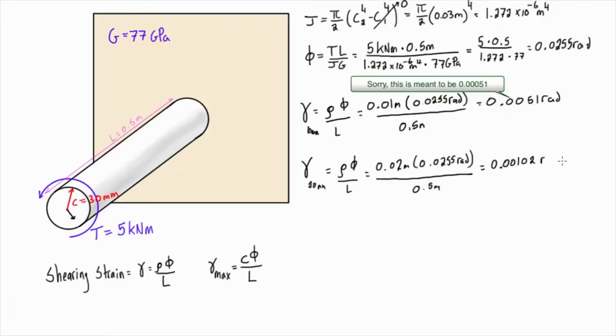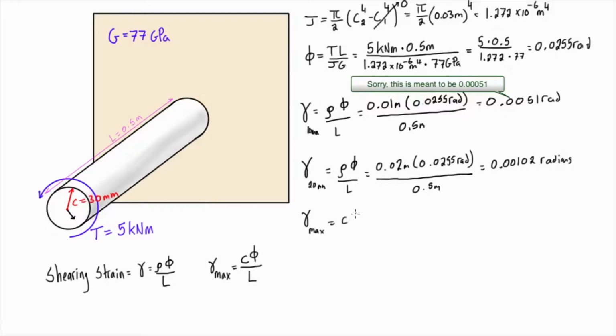And when you punch that in your calculator, you just get 0.00102 radians. Now if we want to figure out what the shearing strain is right at the surface, so 30 millimeters away, this is actually going to be our max because we're taking our rho to be C, and C is just the max radius there.